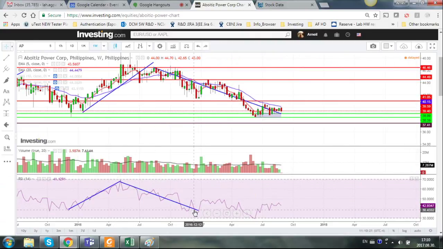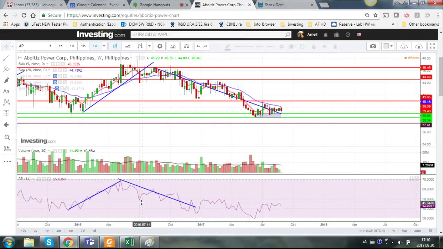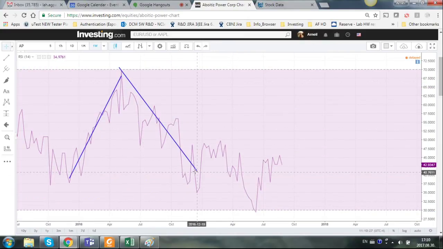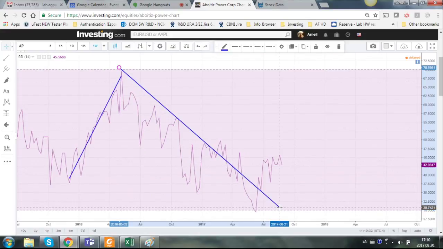Okay, so project ko, saan ba yun? Okay, so yan, trend line. Then the break, na-break na siya here. Diba, ito yung buying point mo, I mean, buying opportunity. Pero hindi pa natin mako-confirm yan.